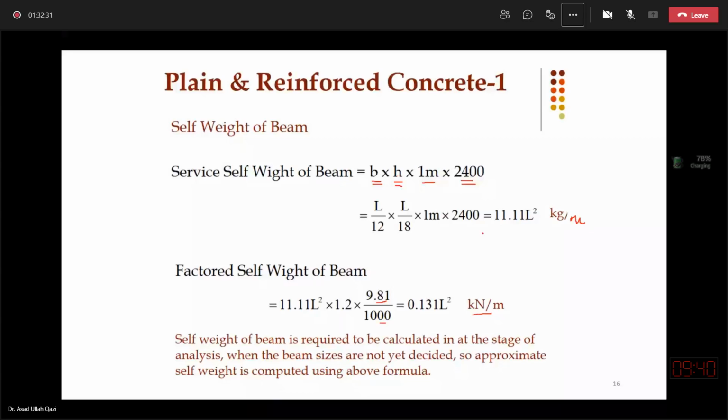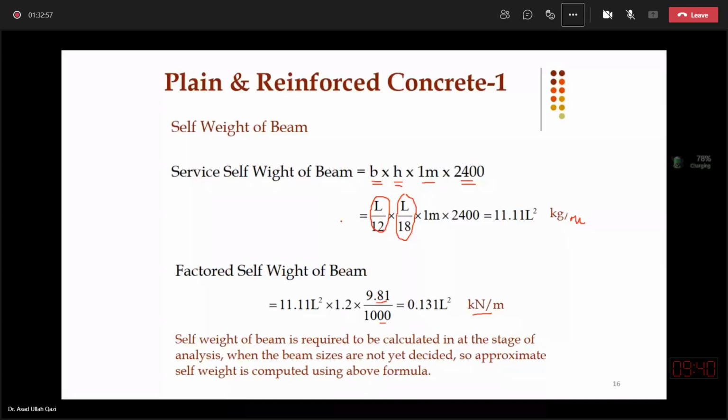So if you have already decided the width of the beam and the H of the beam, then there is no need to use these variables, you can say B and H. You can tentatively select B and H well before the estimation of the self weight.